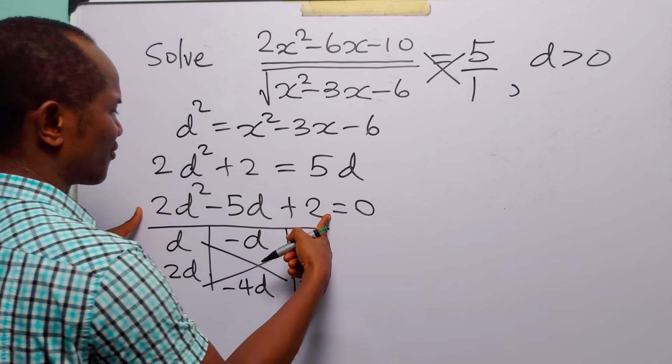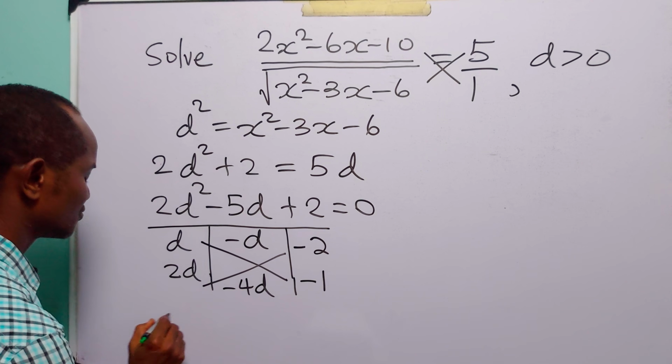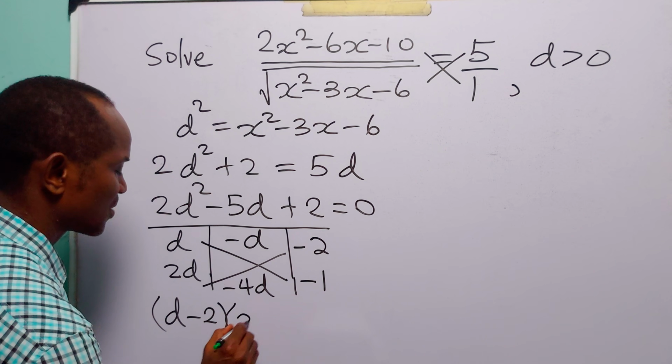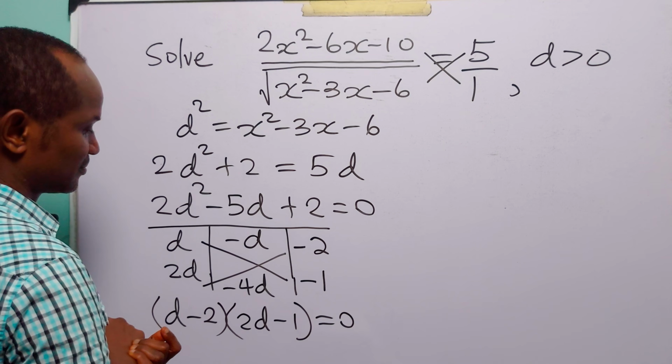So when we factorize the left-hand side of this equation, we have d minus 2 times 2d minus 1, and this is equal to 0.